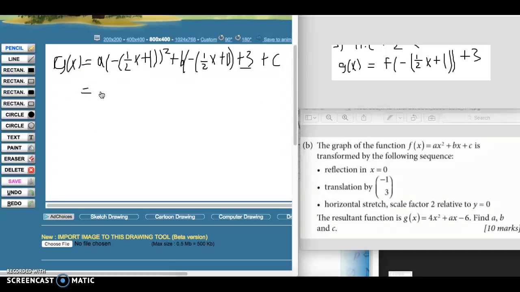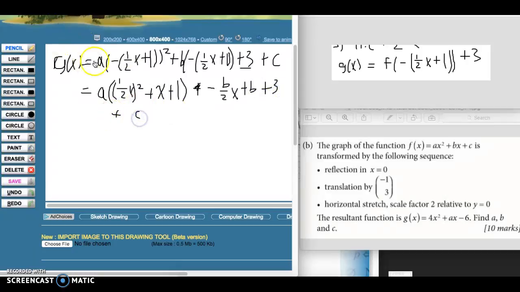So we can simplify this. The squared term is just going to be plus 1. So we have a times x squared plus 2ab, that's just going to be x, plus b squared, which is just 1 squared, plus negative b over 2x plus b plus 3 plus c.